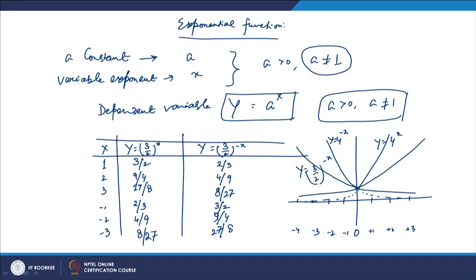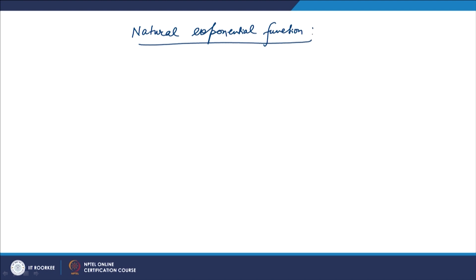Now there is another function, the natural exponential function, which is many a times used. When the base is set to the natural base, it is known as the natural exponential function, and the base will be e raised to the power x.